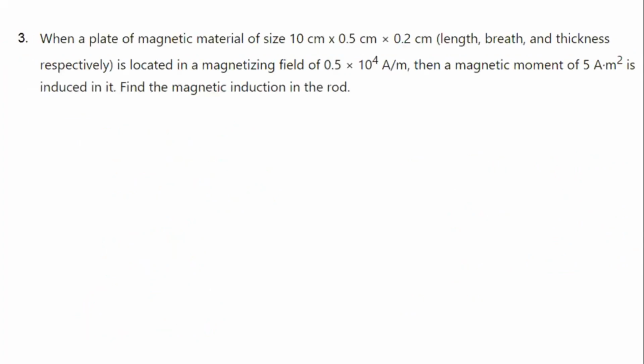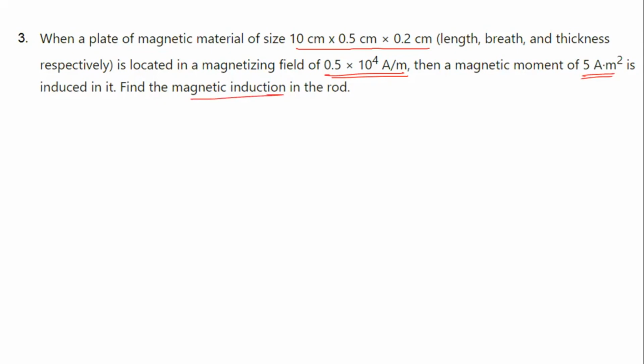My next question. A plate of magnetic material of size 10 centimeter into 0.5 centimeter into 0.2 centimeter, length, breadth and thickness, is located in a magnetizing field of 0.5 into 10 raised to 4. Then a magnetic moment of 5 ampere meter square is induced in it.